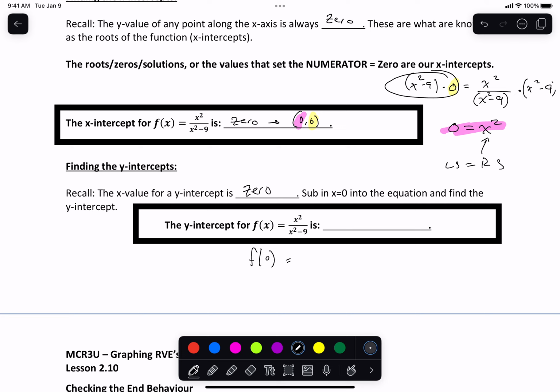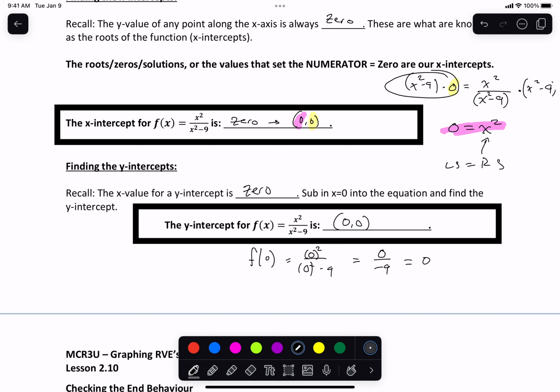So when I substitute this in here, I get 0 squared over (0 squared minus 9). So I get 0 over negative 9, which is 0. Are we okay?